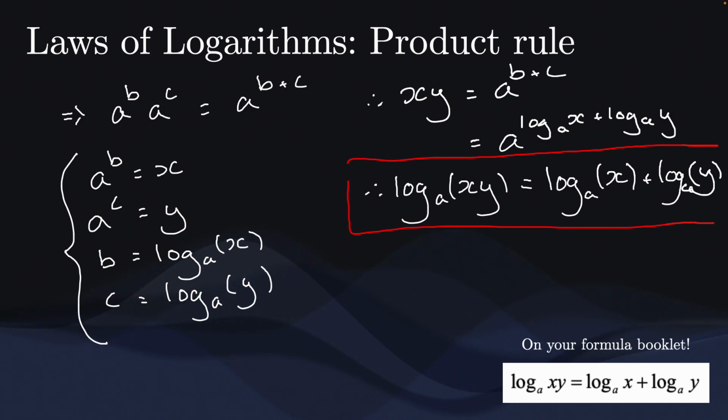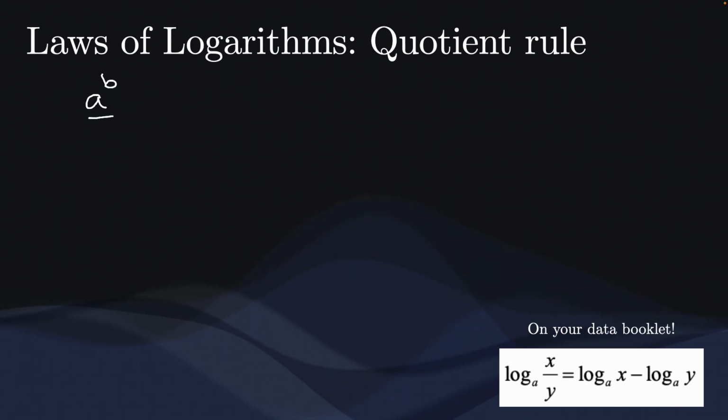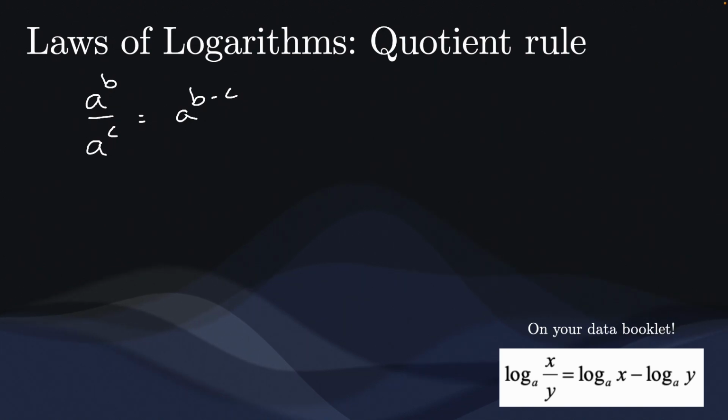Now, let's move on to our next one, the logarithmic quotient rule. And this is very much the same thing as our previous one, because remember a to the power of b over a to the power of c is equal to a to the power of b minus c, right?